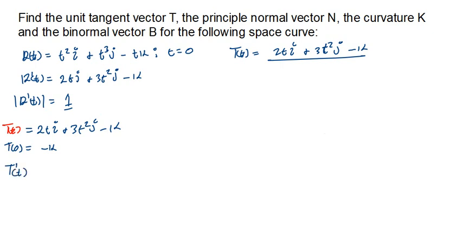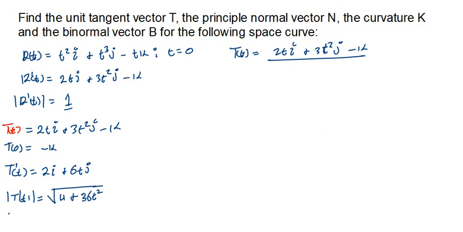So the first derivative of the unit tangent vector is going to be 2i plus 6t in the j. Okay, so then what about the magnitude of the first derivative? That's supposed to give us something like the square root of 4 plus 36t squared.